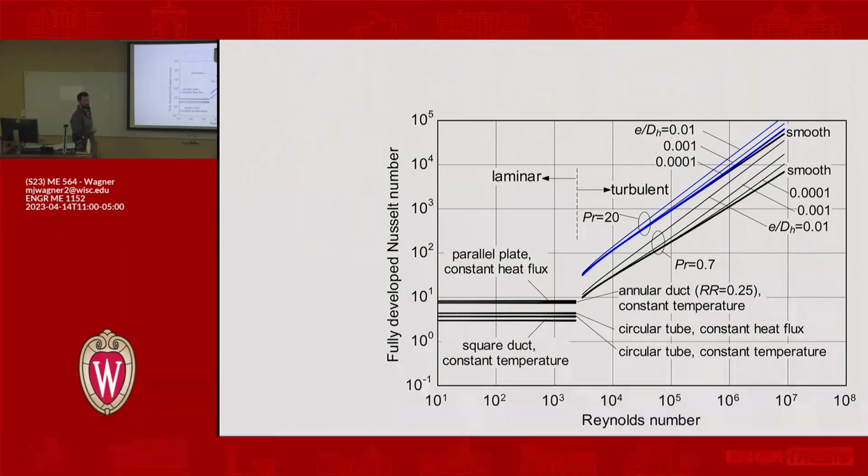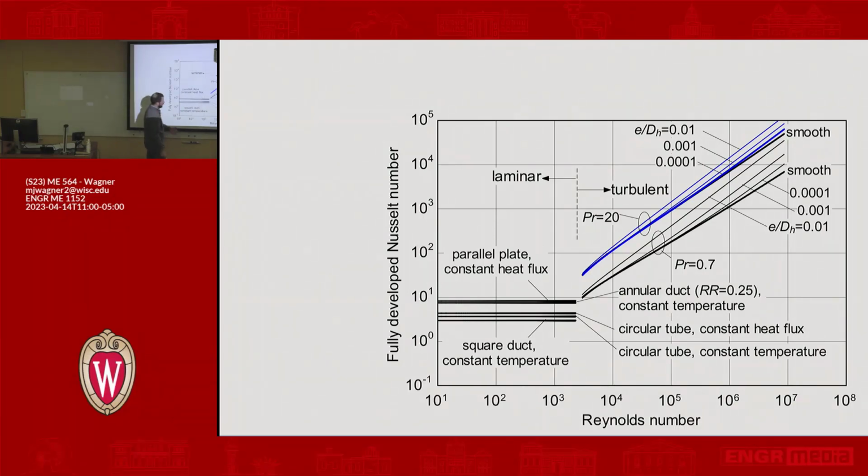If you have a constant temperature, it's 3 point something, okay, memorize this, 3.6 or something like that. You can basically commit those to memory and know that if I have laminar flow, that's what my heat transfer performance is going to be in the fully developed region.